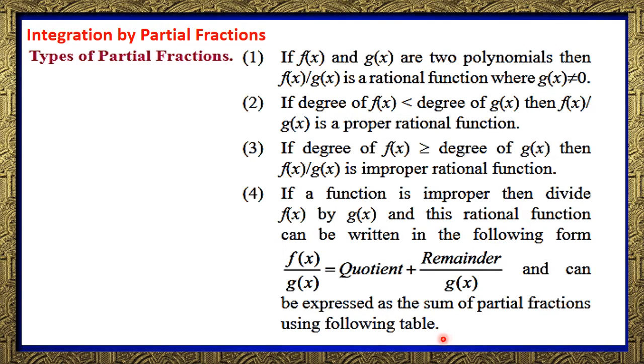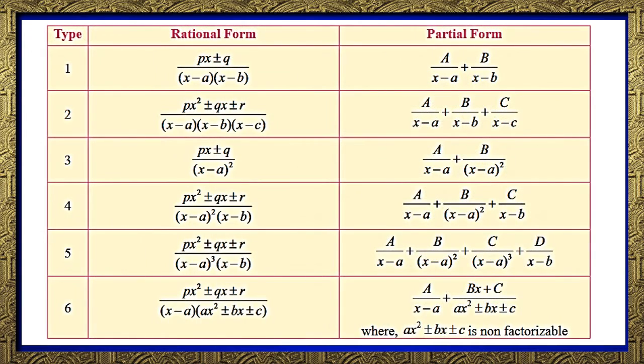Let us see the table. First one, if the integrand, that is the function to be integrated, is of the rational form px plus or minus q upon x minus a into x minus b, that is the numerator and denominator, the factors are only linear functions.